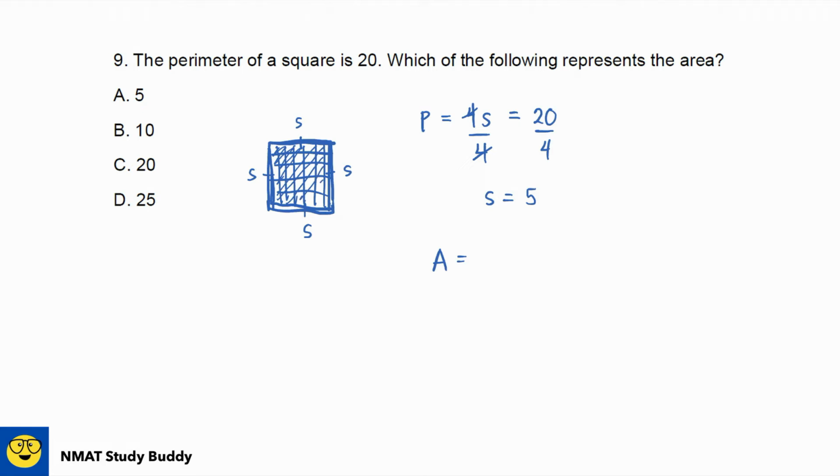Yun yung total number ng lahat ng squares na nasa loob ng isang shape or polygon. So, yung area ng square is equal to side times side, which is equal to 5 times 5. Yun yung nakuha natin kaninang side, diba? So, 5 times 5 is equal to 25, which is letter D.